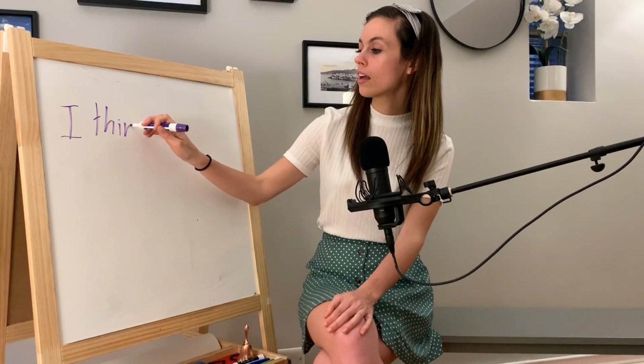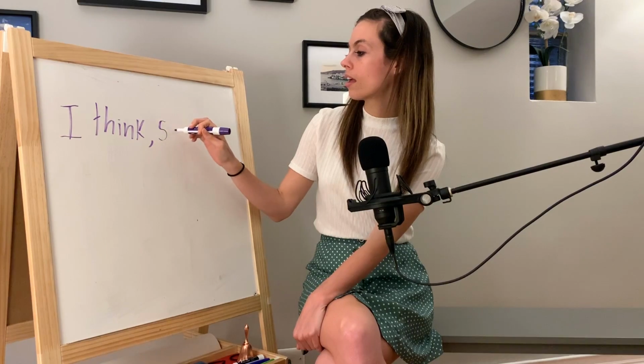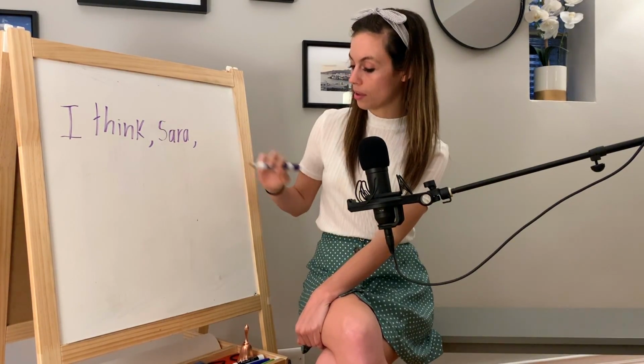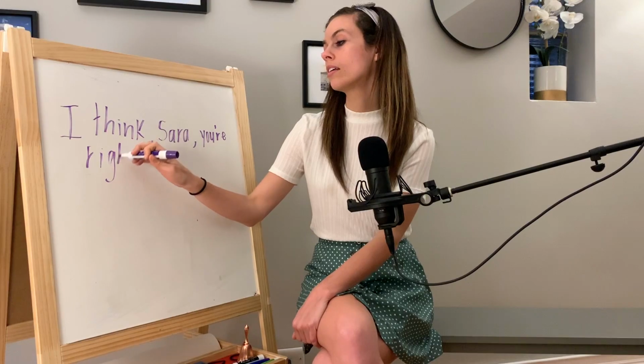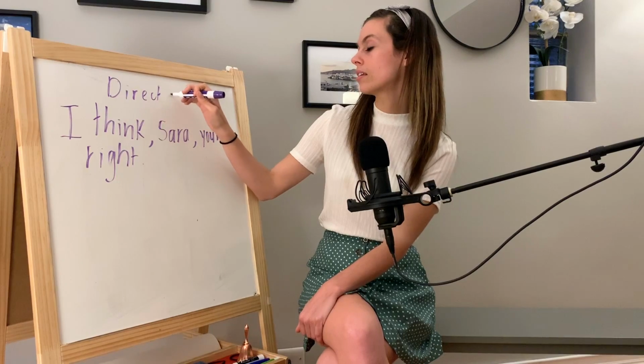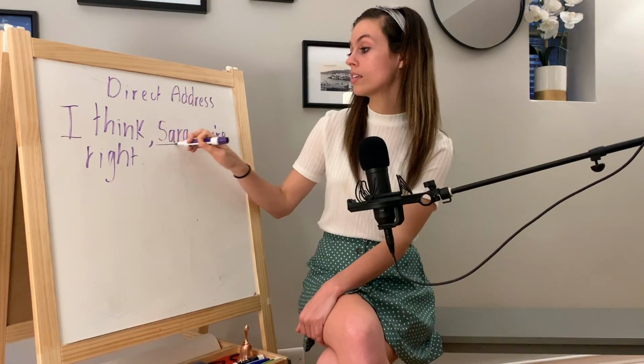So, for example, I might say, I think, comma, Sarah, comma, you're right. So the direct address would be towards Sarah. So we need these commas to show that the address is at Sarah.